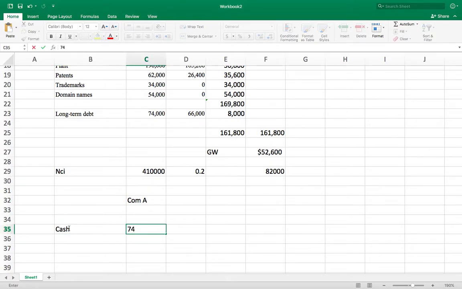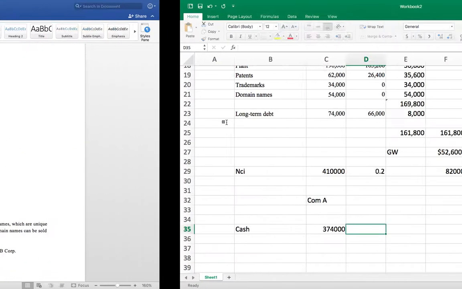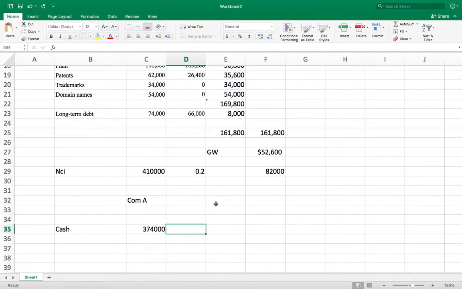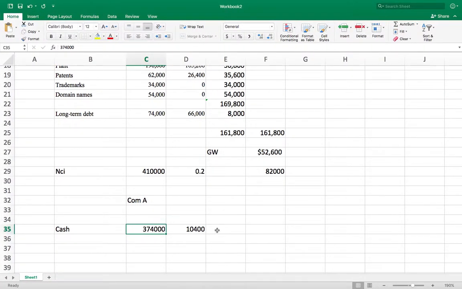374,000. Company B had 10,400. And how much we paid for this company? 328,000. So the cash, we minus it.